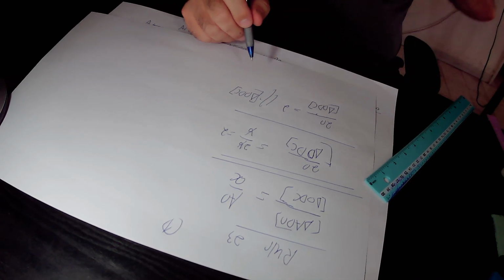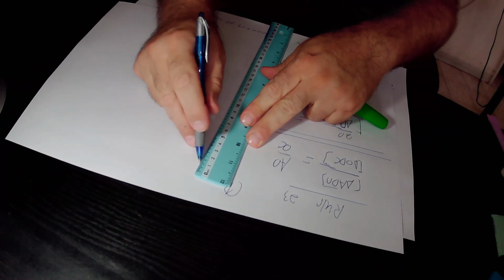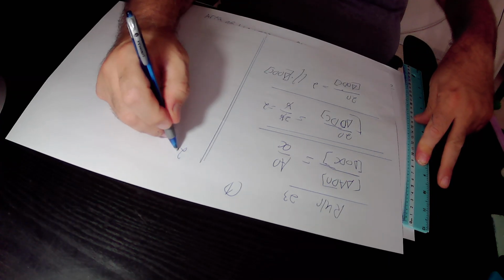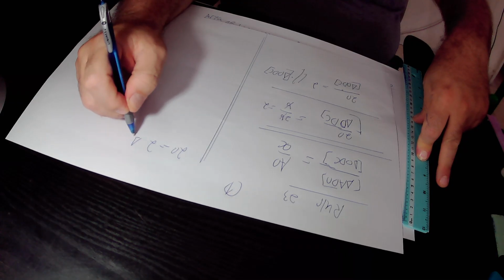and we get that 20 equals 2 times the area of the small triangle OCD.